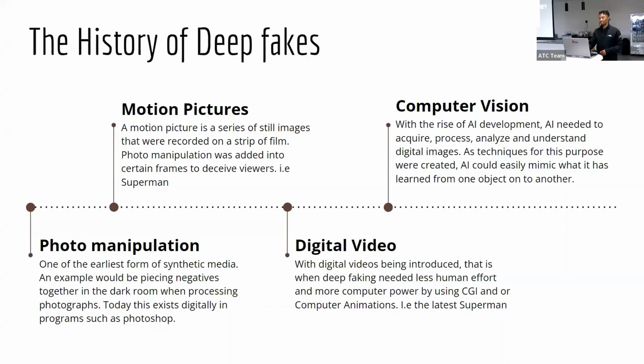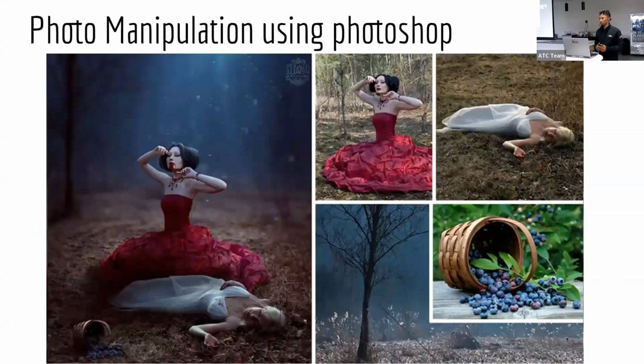So in my next slides, I have a couple of examples of the types of deepfakes that I've shown in history. Unfortunately, I couldn't find one for motion pictures. So I'll start with photo manipulation.